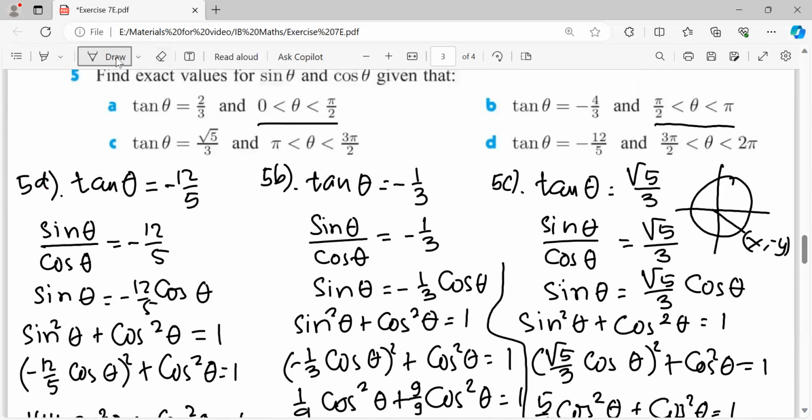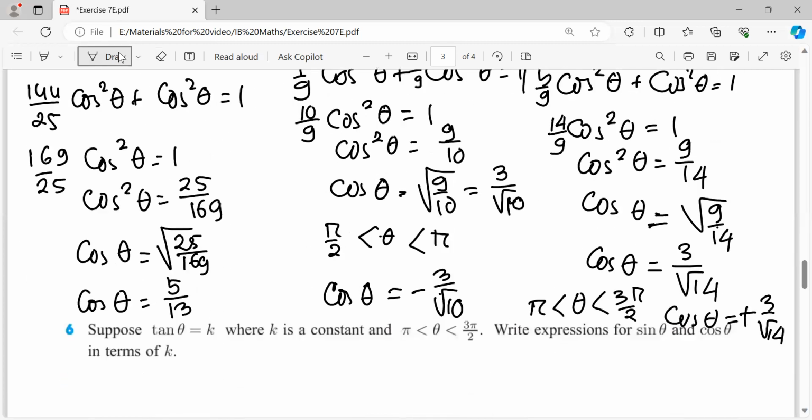But theta is a quadrant 4 angle, so its position is in quadrant 4.